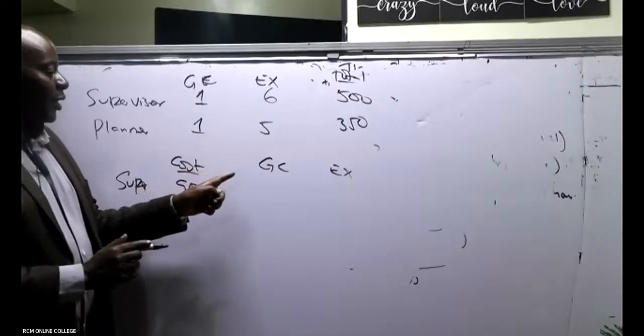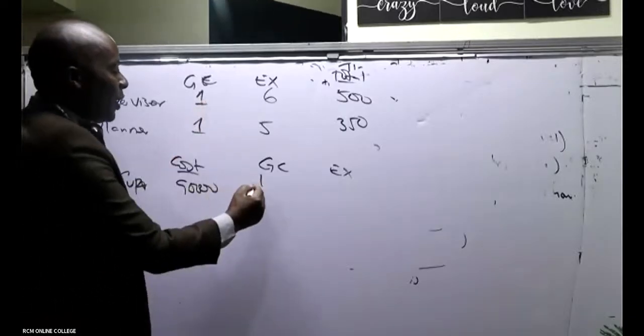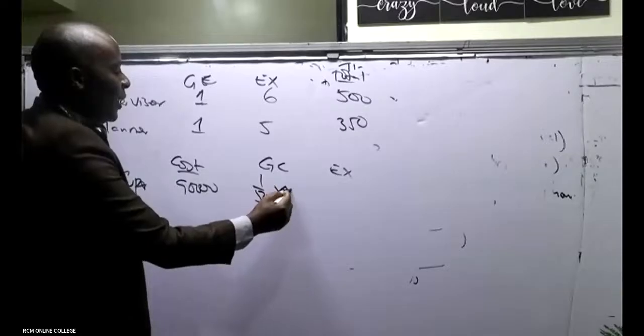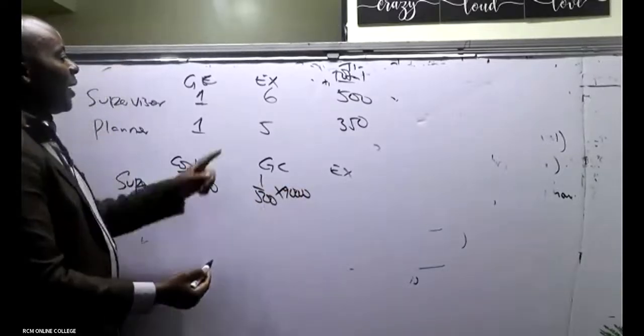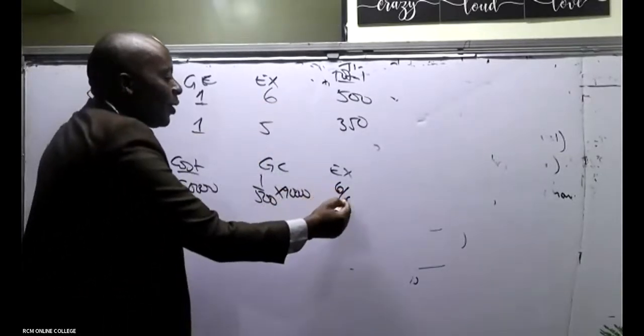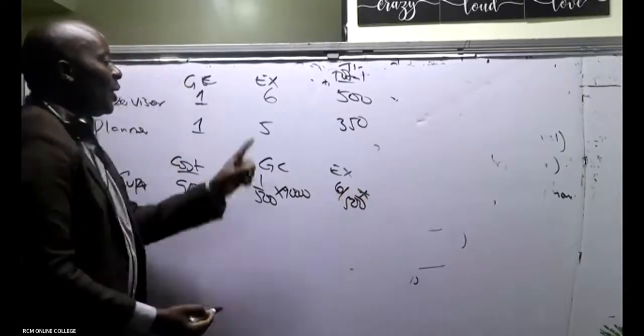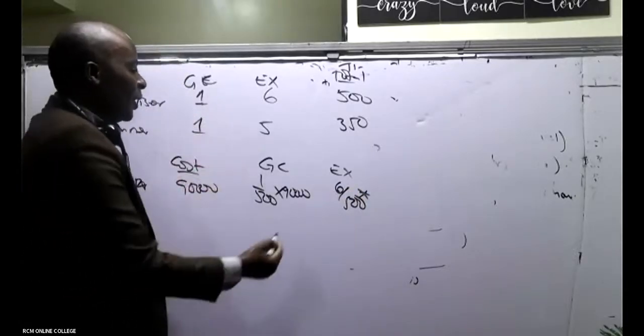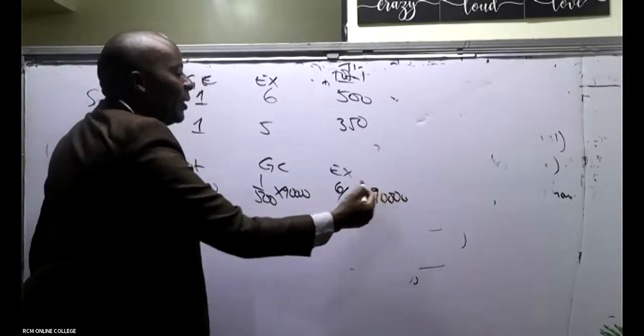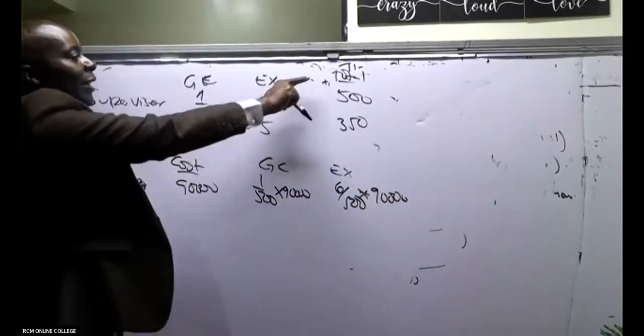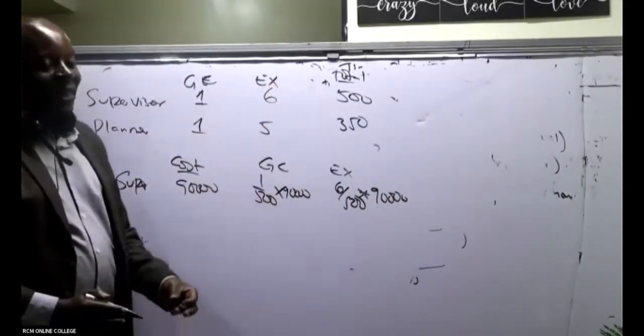For GC, they took 1/500 times 90,000. For X, they took 6/500 times 90,000. At the same time, we have other products. So you'll be able to follow that answer very well.